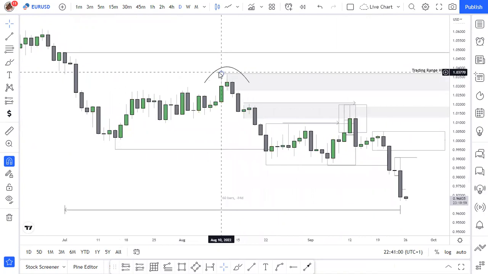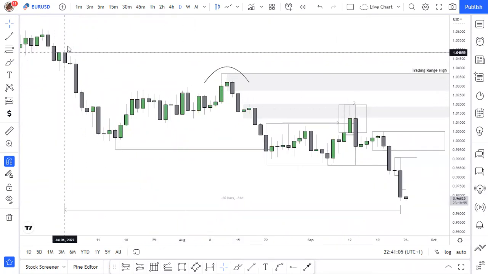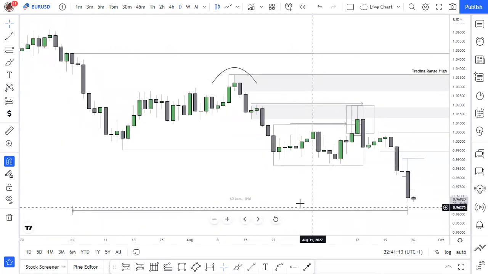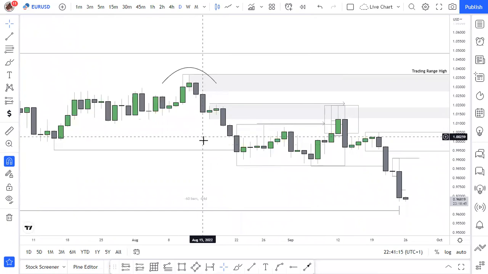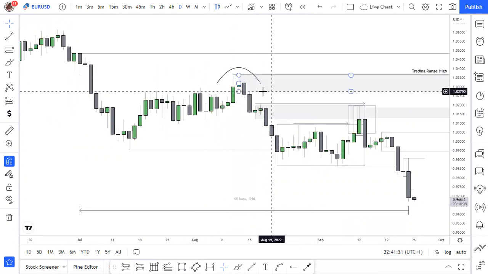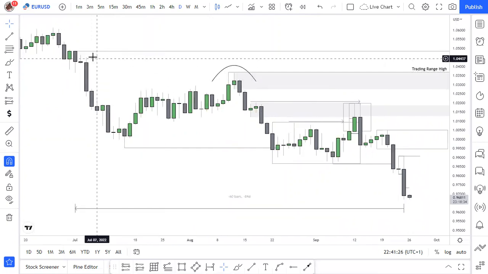From this high here, this is actually our highest high, like our highest high from the 60 trading days range. But then I'm just using this high here because this is also my structure high. So that's why I decided to use it as my trading range high and not this high here.